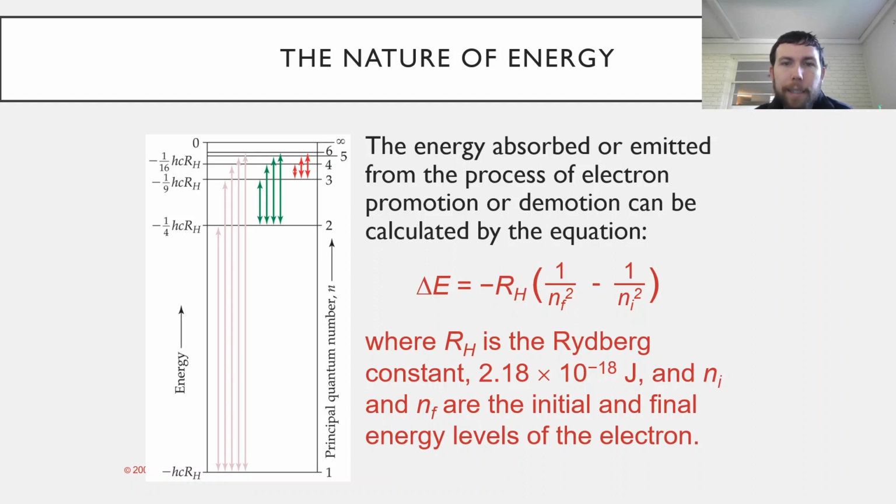It states that the change in energy is equal to negative R_H, where R_H is the Rydberg constant, times 1 over n_f squared minus 1 over n_i squared, where n_f is the final energy level, where the electron ends up at the end, and n_i is the initial energy level that the electron was found in, right?